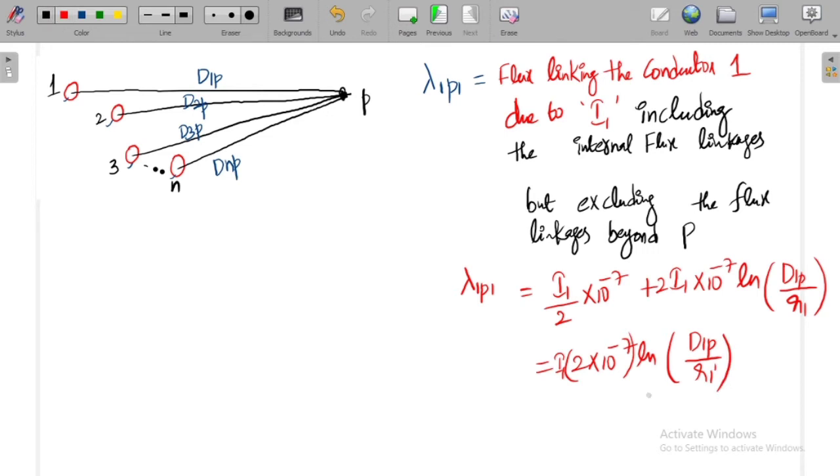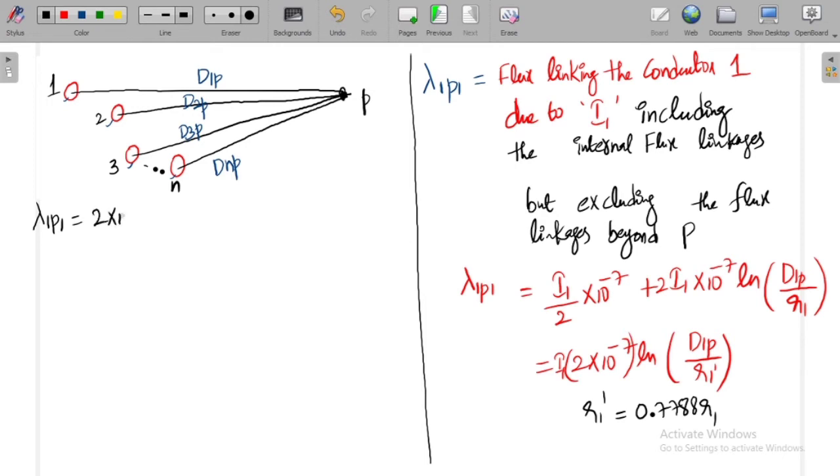As we have seen in our second video, r1 dash is 0.7788 times r1, right? So this is the flux linking conductor 1 due to I1. Now I am just writing the expression simply: 2 times 10 power minus 7 I1 ln of d1P by r1 dash.